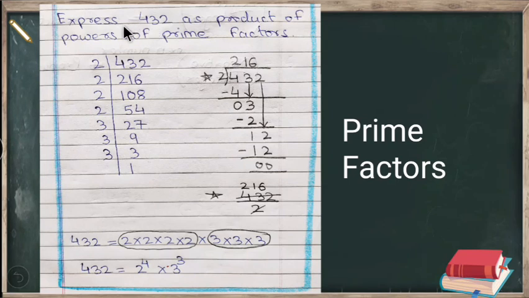Now next concept, express 432 as product of powers of prime factors. This method is also known as prime factorization. Here a number will be given and we will be asked to write that number in the form of product of powers of prime factors.